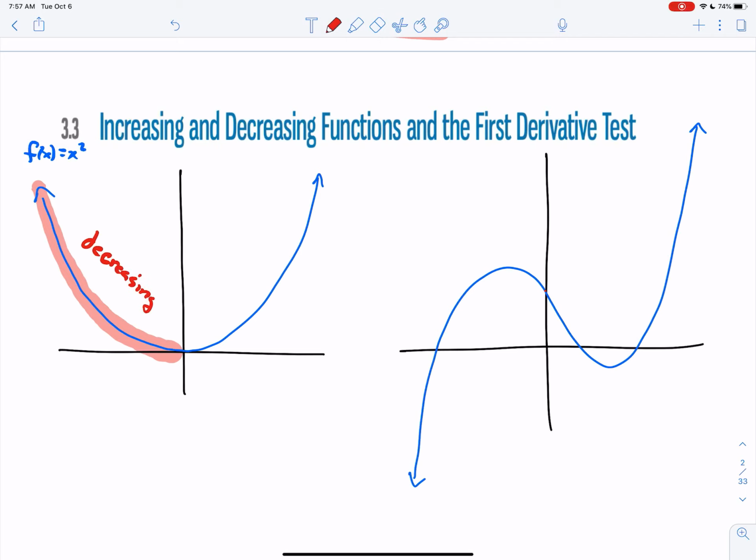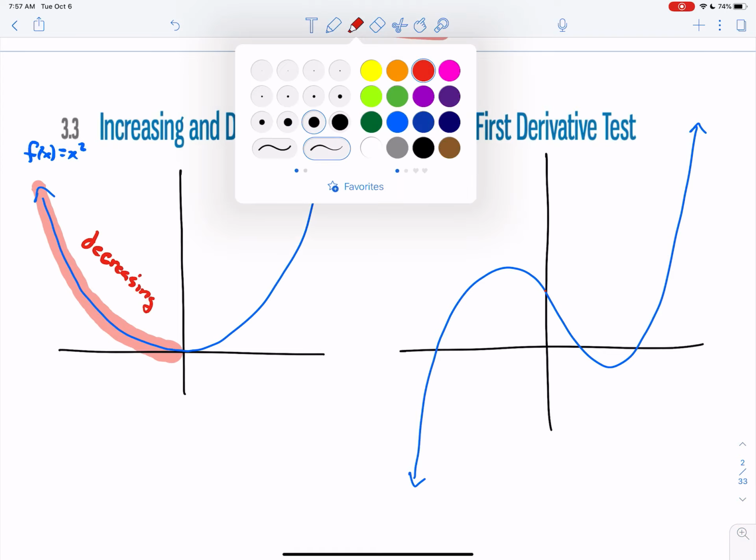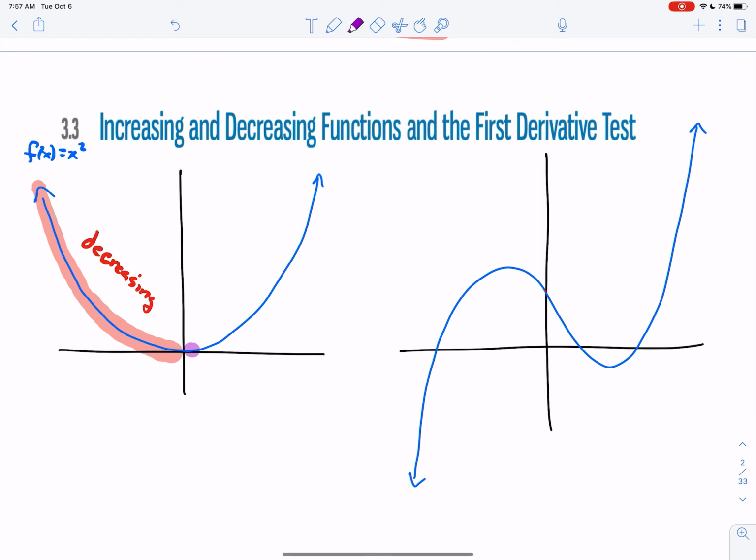The y values are getting smaller, okay? And then right after 0, it starts to go upward or increase in y values.